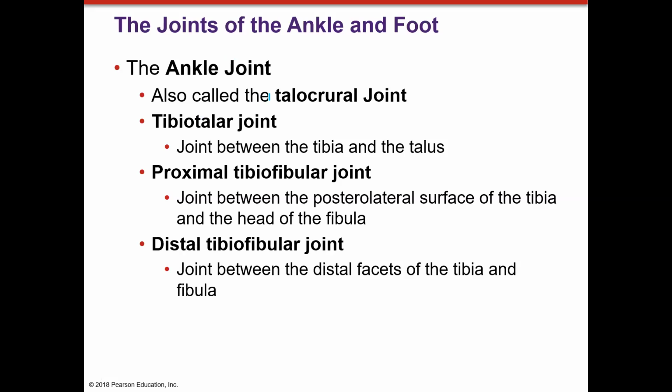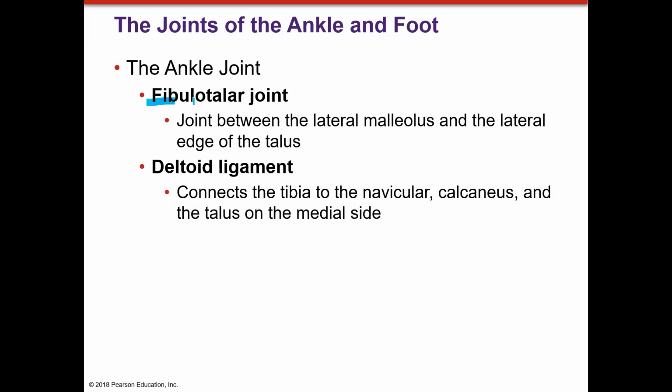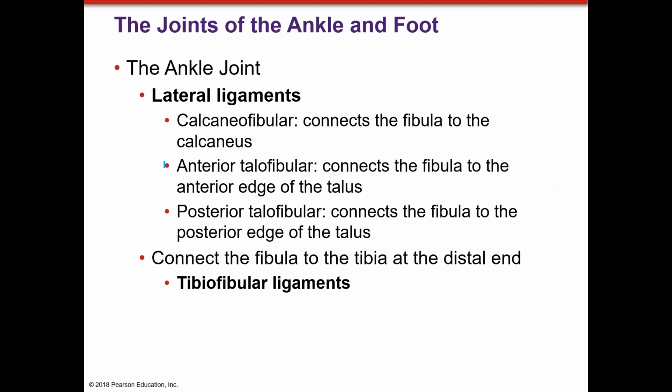Ankle joints. These are also called the talocrural joint, tibia and talus, tibia and fibula, fibula and talus. And then the deltoid ligament is not up at your shoulder, like you would think of the deltoid muscle, but it connects the tibia to the little bones of navicular, calcaneus, and talus on the medial side.